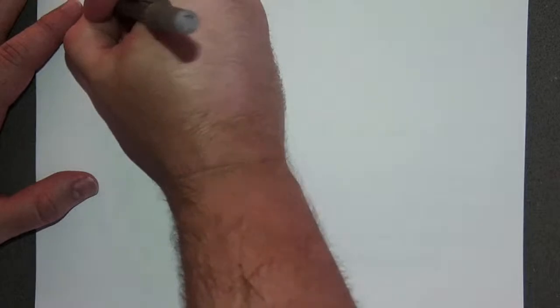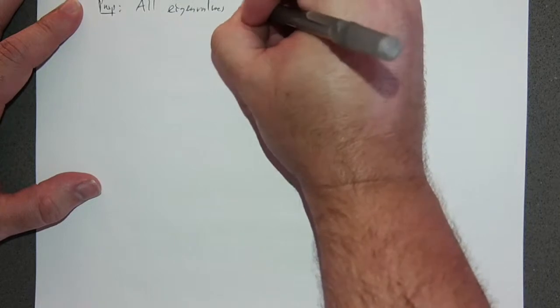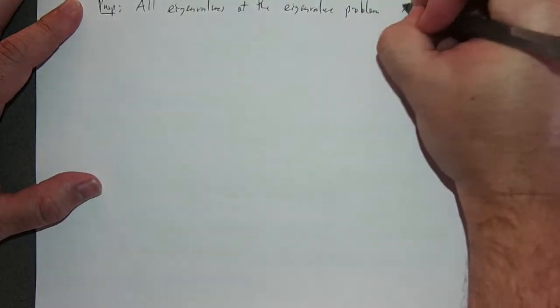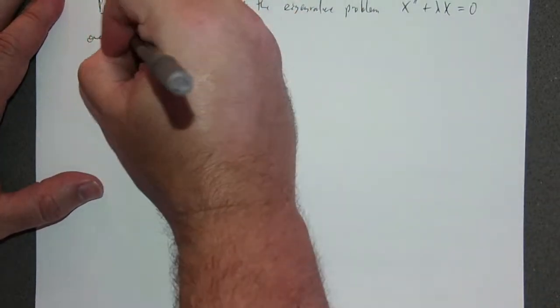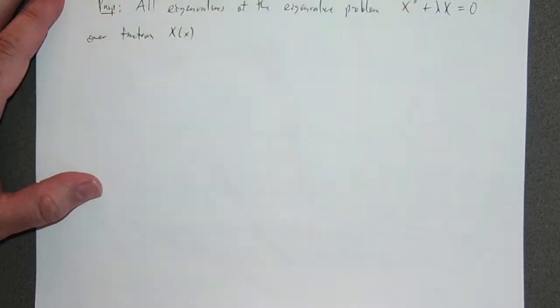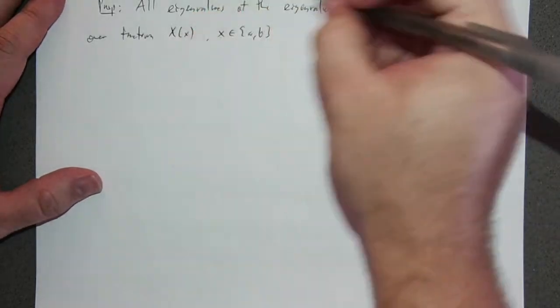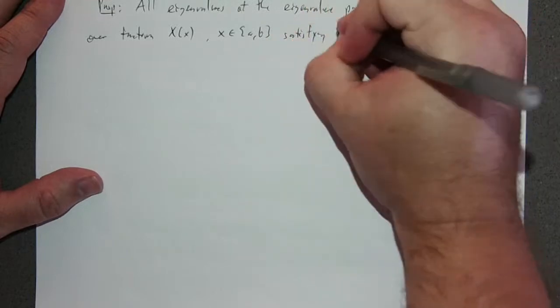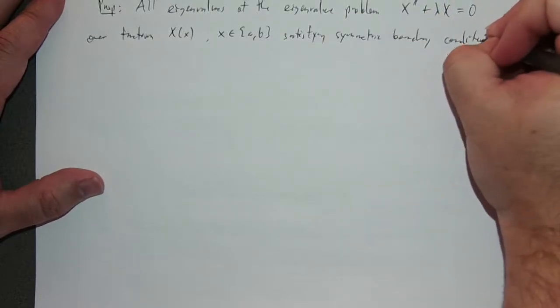We have a similar thing, at least the consequence of it that we're most interested in is the following: all eigenvalues of the eigenvalue problem x double prime plus lambda x is equal to 0 over functions x of x, where x is in (a, b), satisfying symmetric boundary conditions, are real.